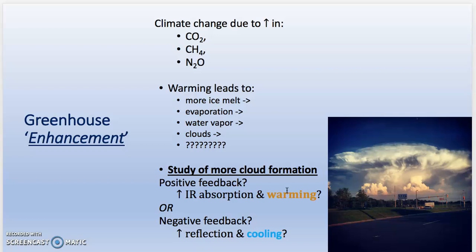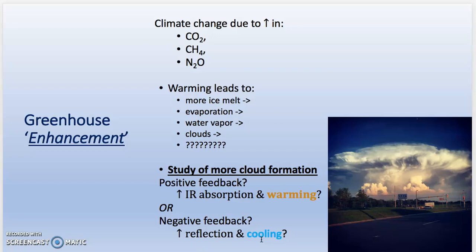Or is it going to be a negative feedback cycle where more ice melt and more evaporation results in more water vapor and more clouds, but also results in more reflection of sunlight through thick clouds, and that reflection of sunlight will keep the Earth's surface cool? We don't know the answer to this.